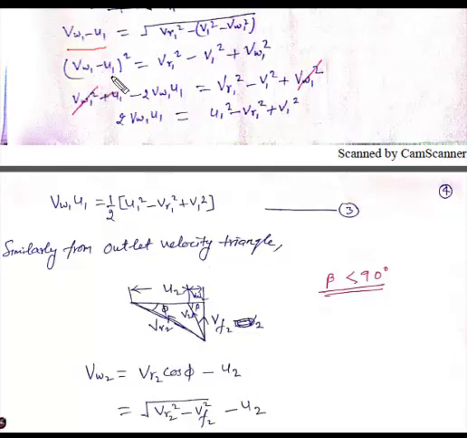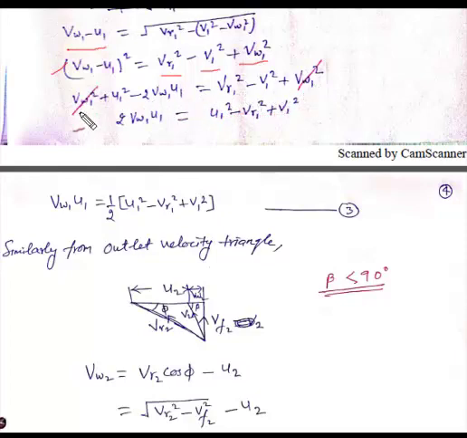Now taking the square on both sides, we get Vw1 minus U1 whole square is equal to Vr1 square minus V1 square plus Vw1 square, because here is the negative sign, so this will multiply, then this V1 square will be negative and this will be positive. Now taking the expansion of this equation, we get Vw1 square plus U1 square minus 2Vw1 into U1 is equal to Vr1 square minus V1 square plus Vw1 square.